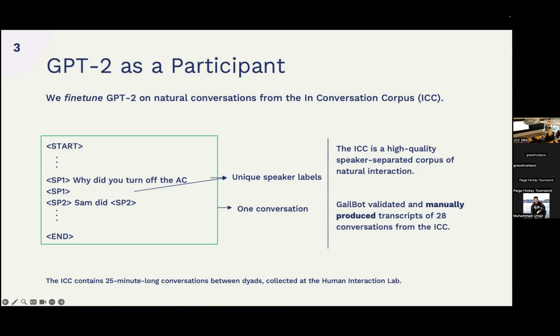So we tried to mimic natural conversation in this case. In our training data, we added start and end labels for different conversations. We also added speaker labels for different turns. And here's an example of one conversation. We also validated our annotations and our segmentations of turns and TCUs, both manually and using Galebot. And we trained our models on 28 different conversations from this corpus.